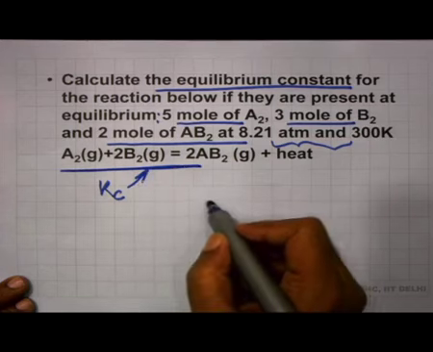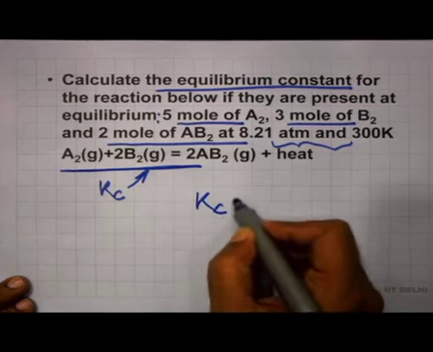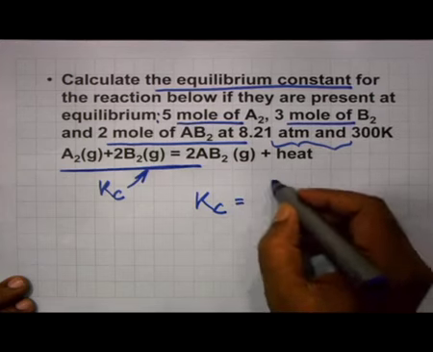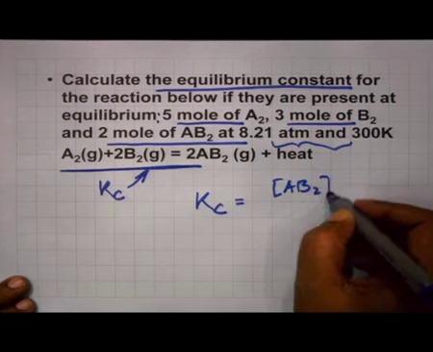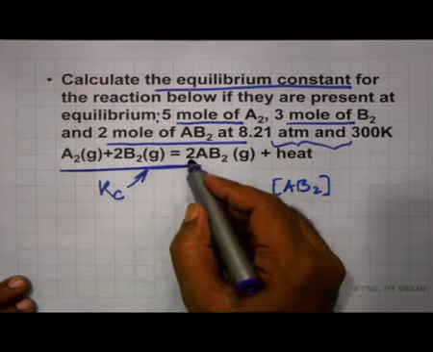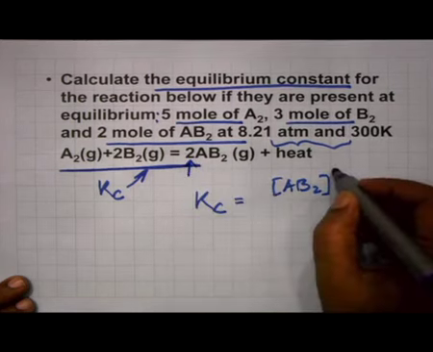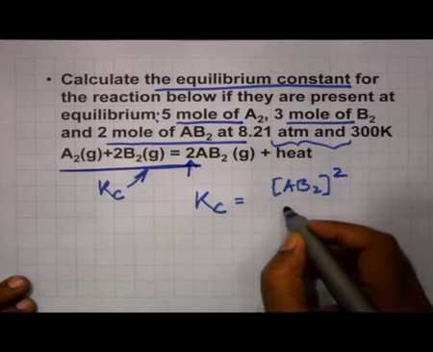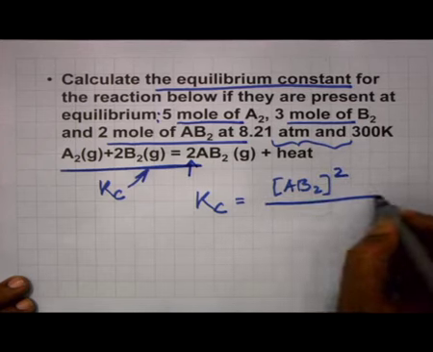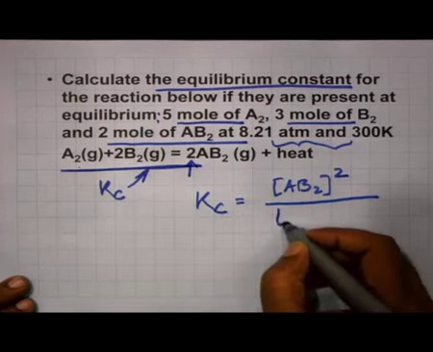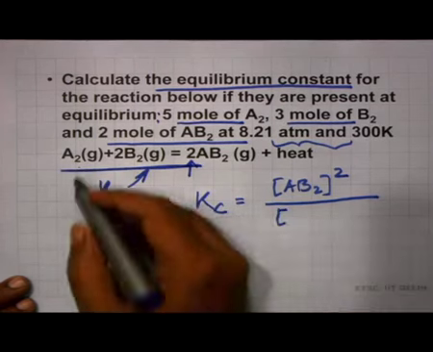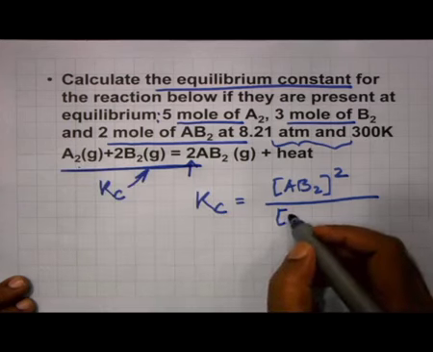Okay. So, we know that Kc is equal to [AB2], this is the concentration, you must remember this is the concentration, and you see the stoichiometric number is 2. So, we will put 2: concentration of AB2 squared, divided by the product of the concentrations of the reactants.